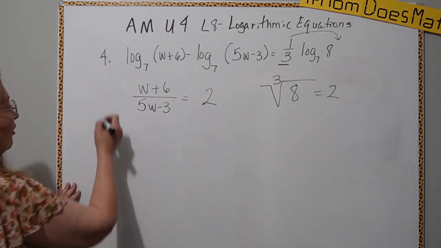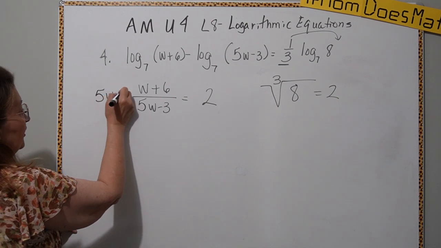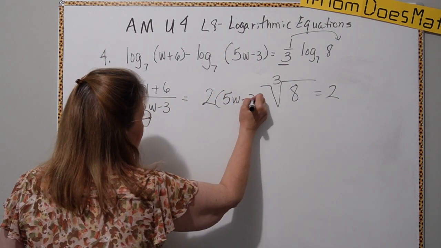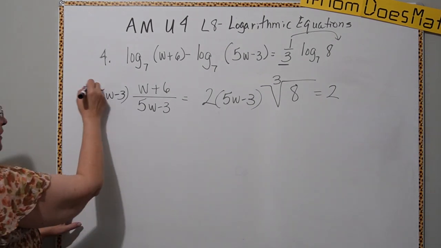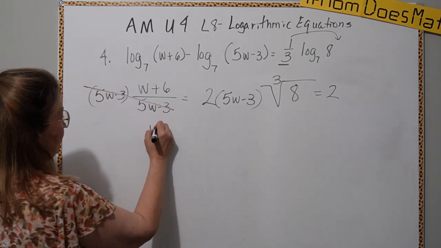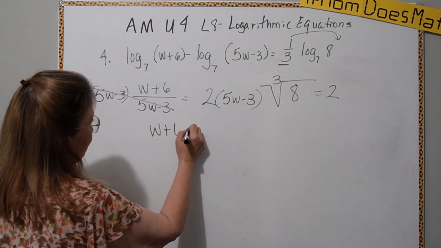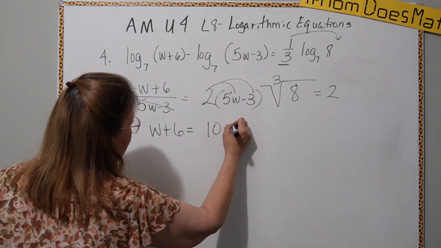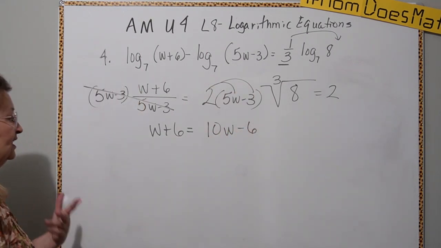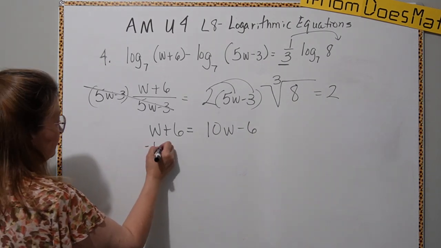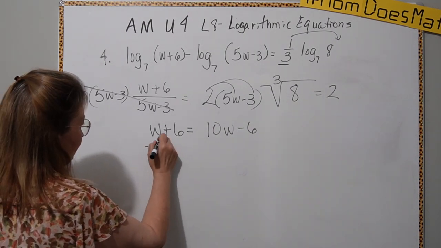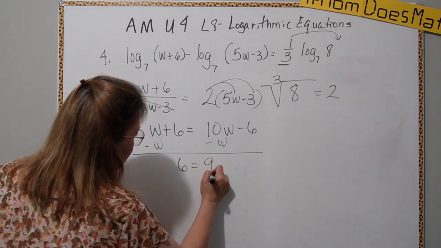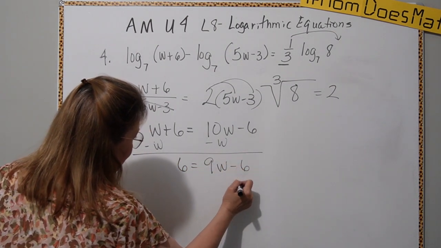I need to get rid of my denominator, so I'm going to multiply both sides by 5w minus 3. These two cancel out, so now I have w plus 6. I'm going to distribute this one and get 10w minus 6. So let's solve. I would subtract w from each side, and that's going to give me 6 is equal to 9w minus 6.